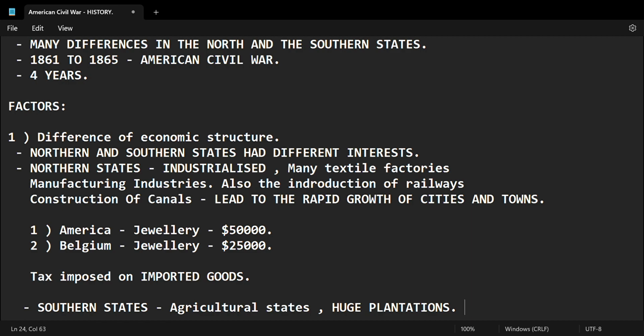So the cotton plantations, there were cotton plantations.